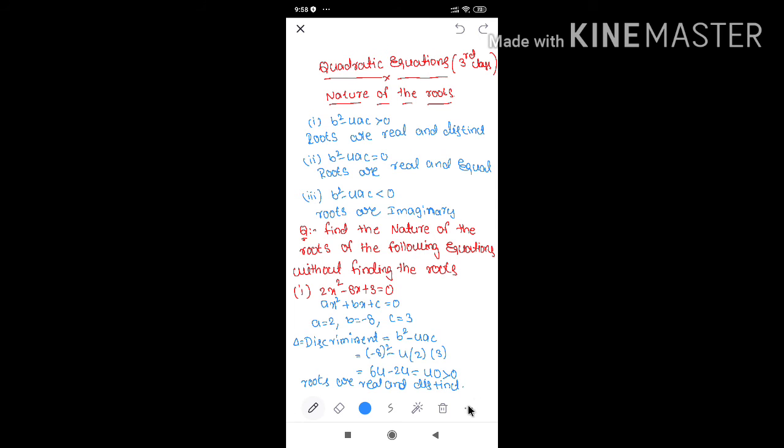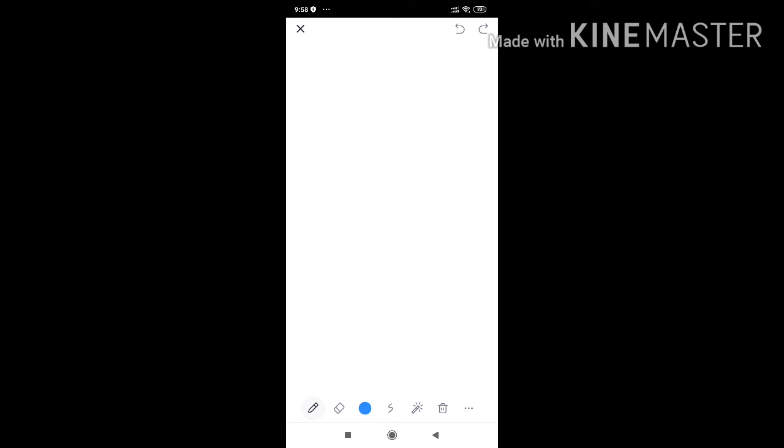Based on this, we will get a 2 marks question. Second bit: 9x² − 30x + 25 = 0.